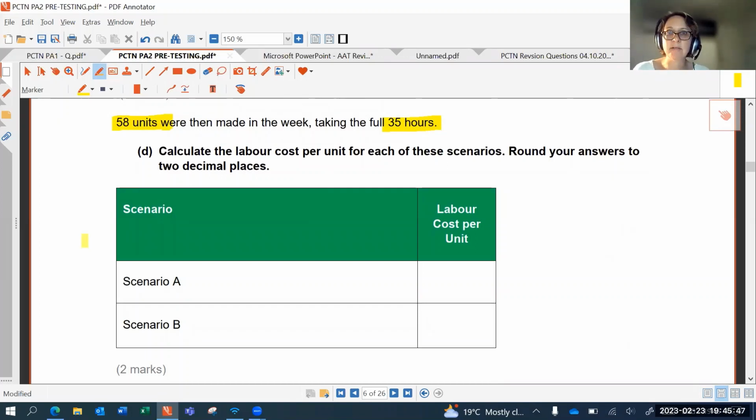I got this wrong the first time because I didn't read it properly. Calculate the labour cost per unit. Not the labour cost in total, the labour cost per unit. That's what I didn't read. That's what we must read because it gives us a different answer. For each of these scenarios, round the answer to 2 decimal places.